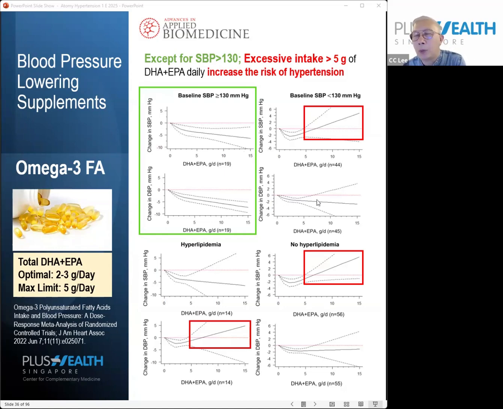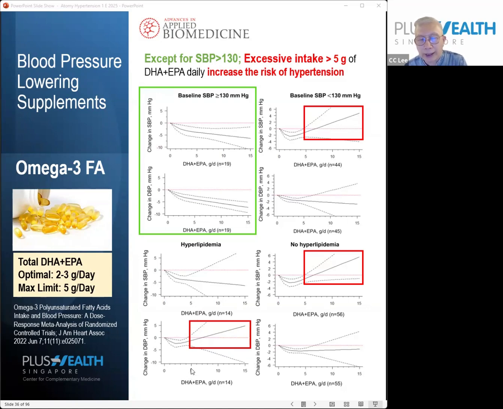But for people who are not suffering from hypertension, if you take an excessive amount of fish oil, more than 5 grams, you will see that your blood pressure goes up, SBP goes up. Same thing if you are suffering from hyperlipidemia, that means you have a cholesterol problem.